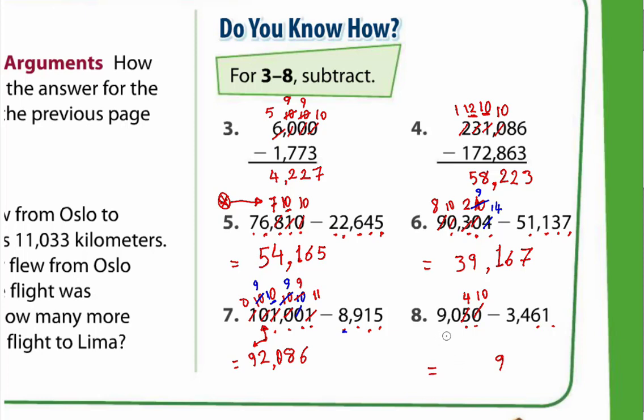So the 4, now from where do you borrow? From the 9. Good. The 9 will be 8. And this 0 will be 10. Now we need to take from this 10 to give the 4. So the 10 will be 9, and the 4 will be 14.